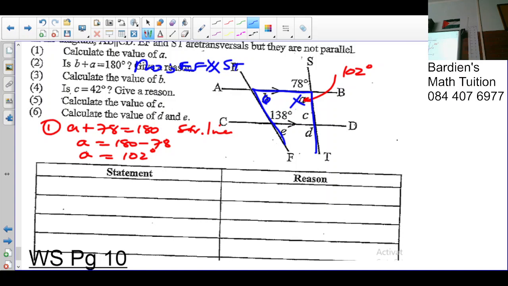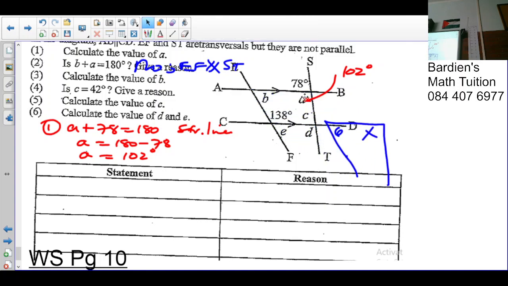Alright. Then it says, number 3, calculate the value of b. So how can I calculate b? b plus 102?